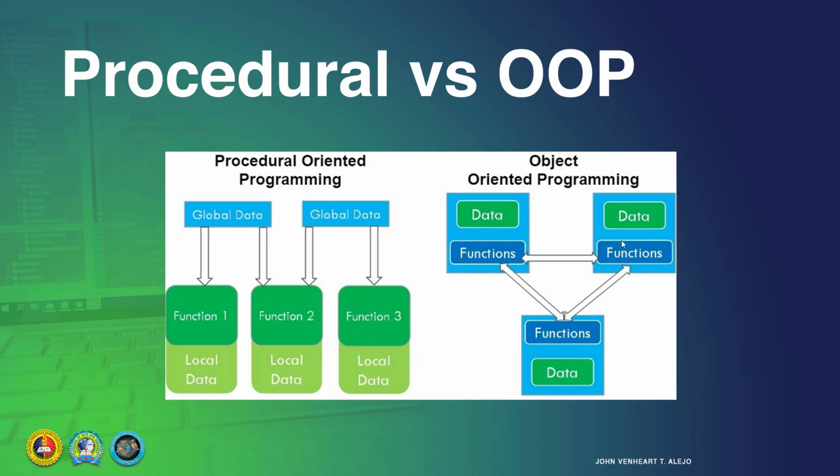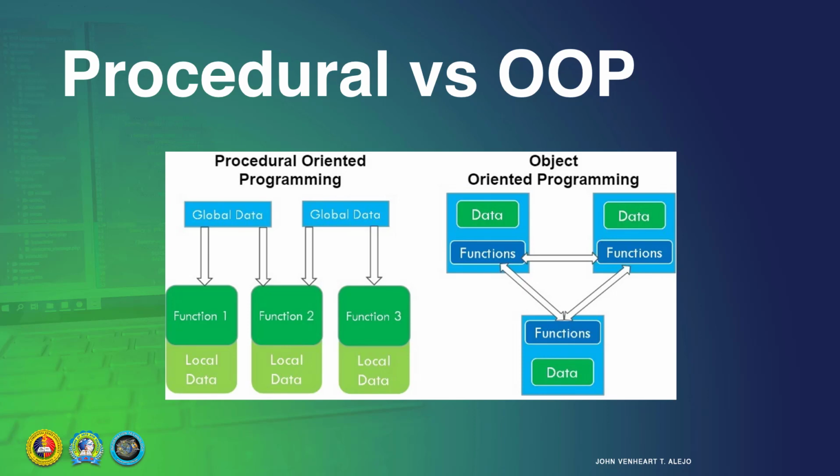All you need to do is use this object in this, and that's it. You save time. You save many lines of code. So that is the very best short comparison of procedural and OOP. So the OOP will give us a chance to reuse code and to minimize our lines of code.